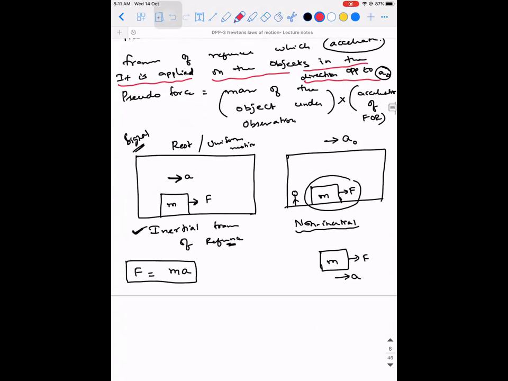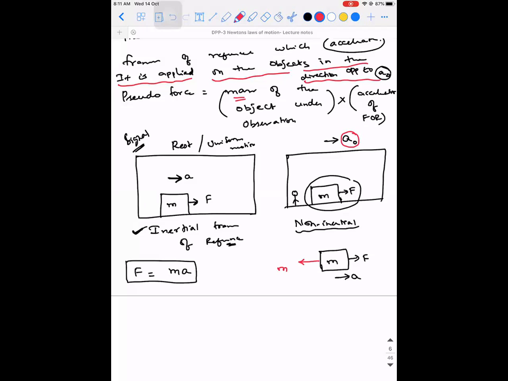Why it is applied and all, it's a big story. Unnecessary things will confuse you. So what are we supposed to do? Here in this case, your bus is accelerating in the rightward direction. So for the pseudo force, which direction should I apply? Left.